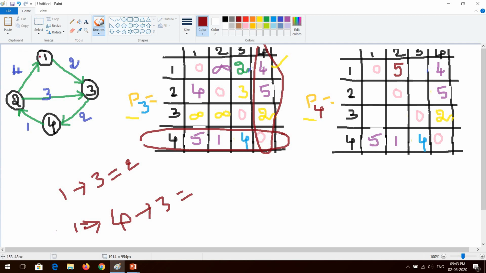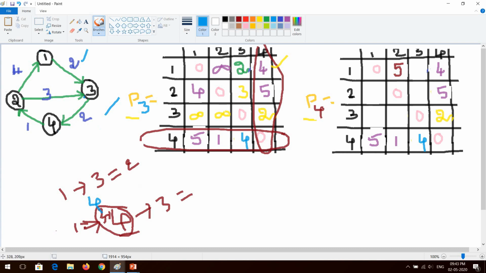How? 1 to 3, 3 to 4, even with 4 in between, I am considering 1 to 3, 3 to 4. Then only 1 to 4 is of value 4, because 2 plus 2 gives 1 to 4 as 4.